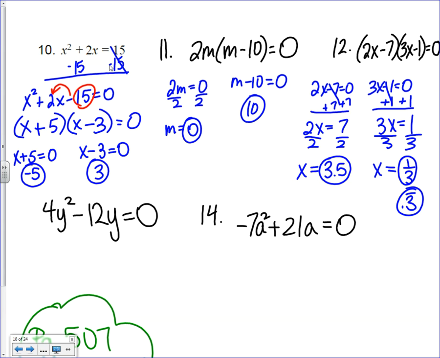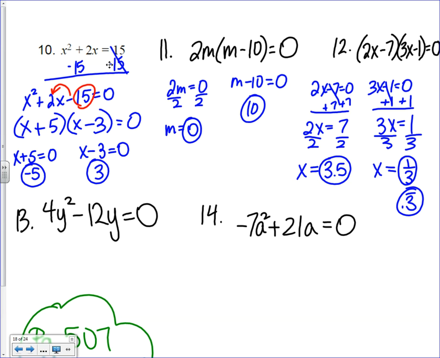Okay? How's everybody doing? Good? Okay, pick one. This one doesn't even have a number, does it? 14? Okay, let's do 14. Is it set equal to 0 for you? Yes. Has it already been factored for you? No, it hasn't. So ask yourself if you have a GCF.